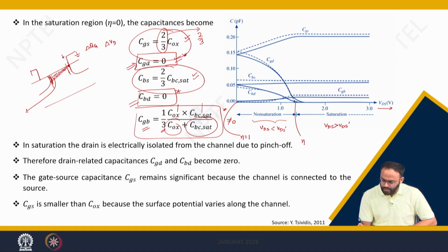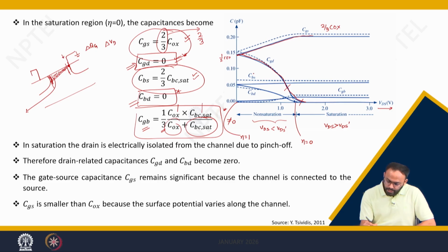This is the point where eta equals 0. You see, when you are moving from non-saturation to saturation, your CGS increases from half of COX to 2 by 3 of COX, whereas CGD goes from half of COX to 0, and this transition from non-saturation to saturation will be smooth, right?